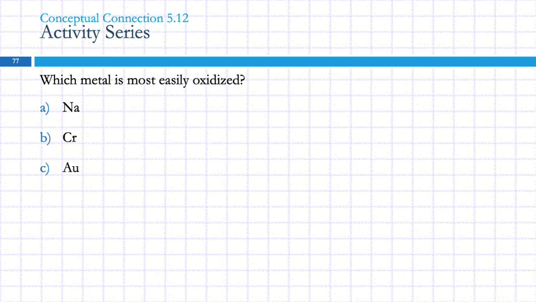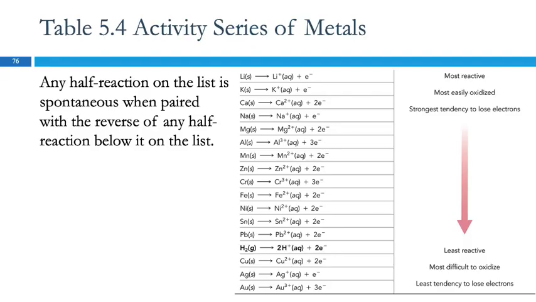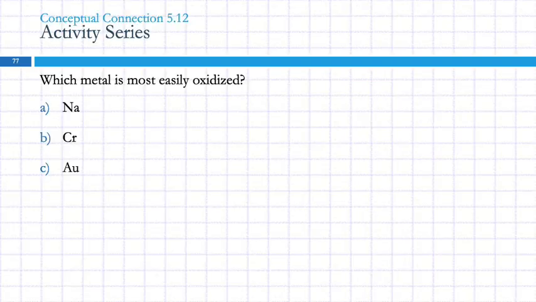And so that's getting the girl. He's charged up because he's got the girl. And so we look at the list. Here's sodium, here's chromium, and gold is way down here. So sodium is the most reactive, the most easily oxidized. Gold never gets it because they're a jerk. Yeah, gold is kind of stuck on himself.